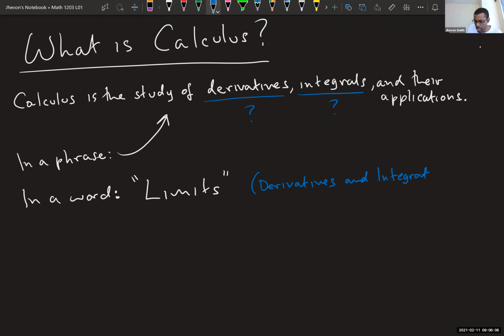So we're going to develop this notion called a limit, and then we're going to develop notions based on that notion that we call the derivative and the integral. Derivatives and integrals are special kinds of limits.